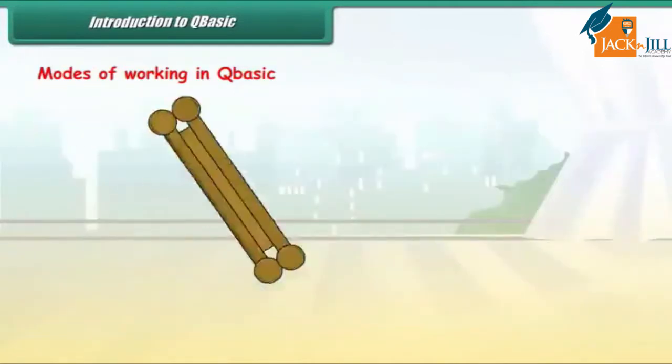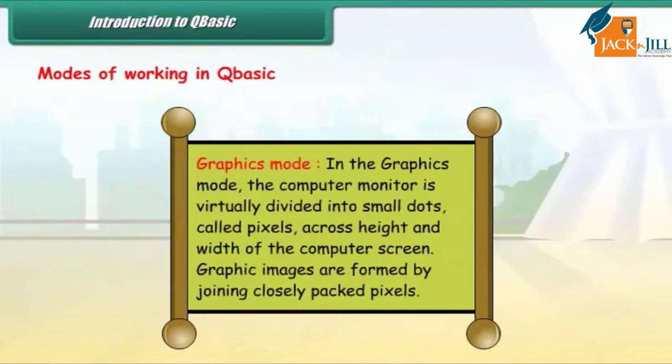In the graphics mode, the computer monitor is virtually divided into small dots called pixels across height and width of the computer screen. Graphic images are formed by joining closely packed pixels.